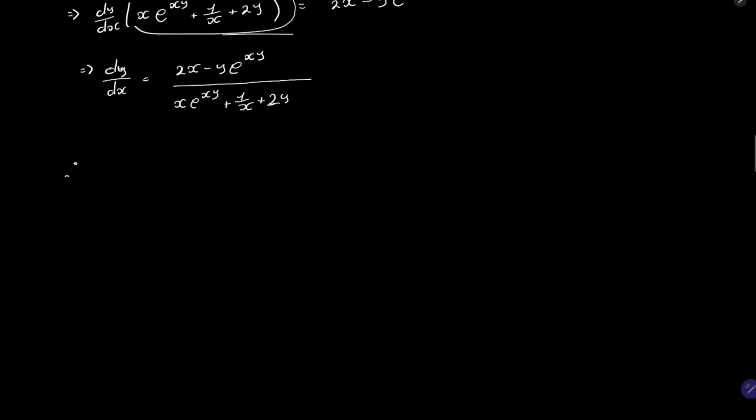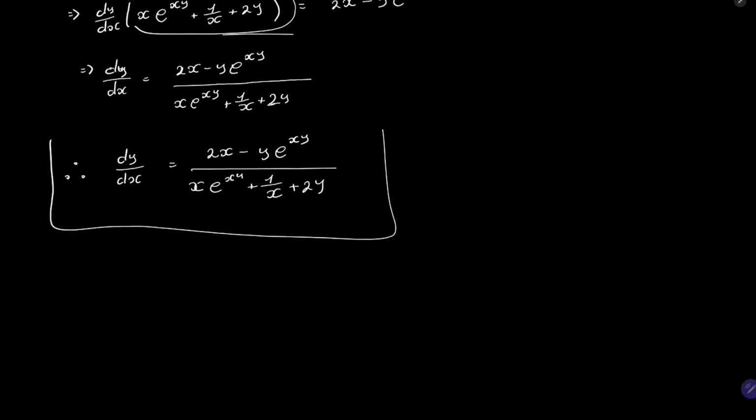We can then conclude that the derivative of y with respect to x in our case gives us the expression 2x minus y e^(xy) divided by x e^(xy) plus 1/x plus 2y. We enclose or box our answer.